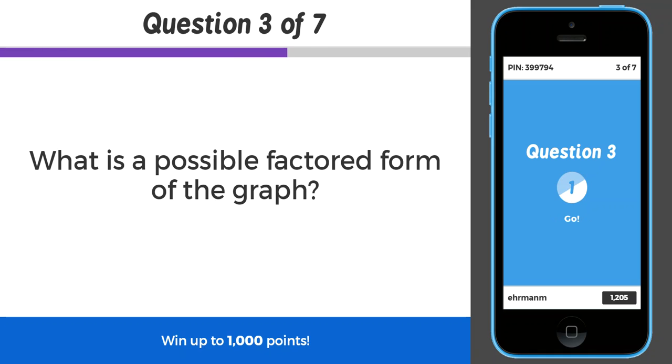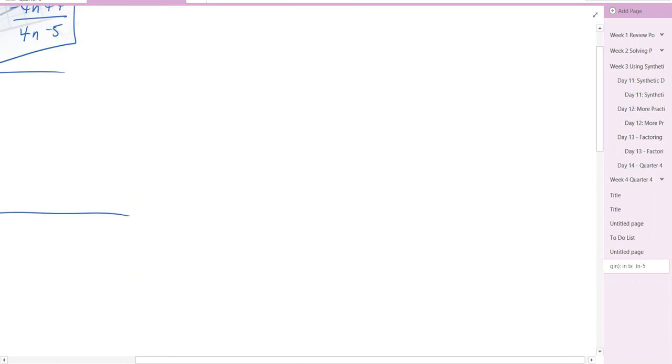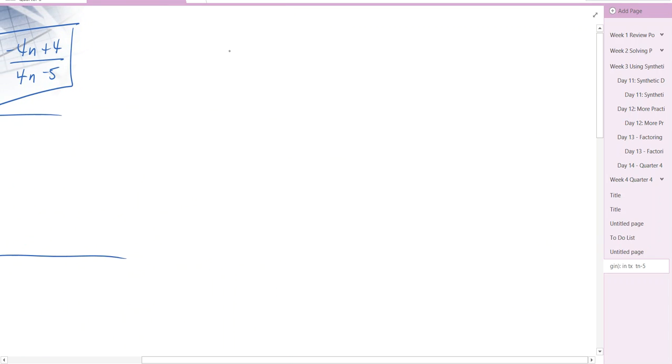Okay, well, let's talk about factored forms of a graph. Here we've got a graph that's touching the x-axis pretty clearly at +1, +2, and +3. So if you recall from last quarter, the zeros that exist at x equals 1, x equals 2, and x equals 3 would look like this: x minus 1, x minus 2, and x minus 3.